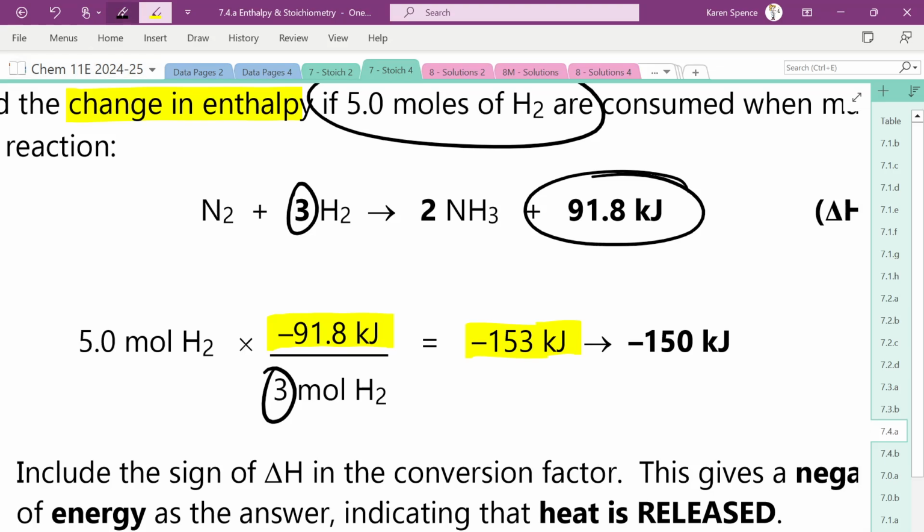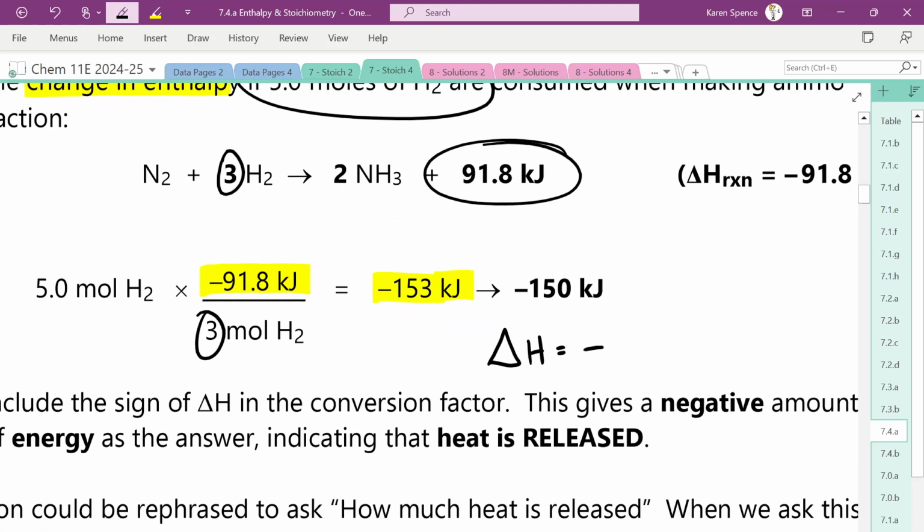And so our delta H then is equal to negative 150 kilojoules. And this is not kilojoules per mole anymore. This is just kilojoules because the per mole went away.